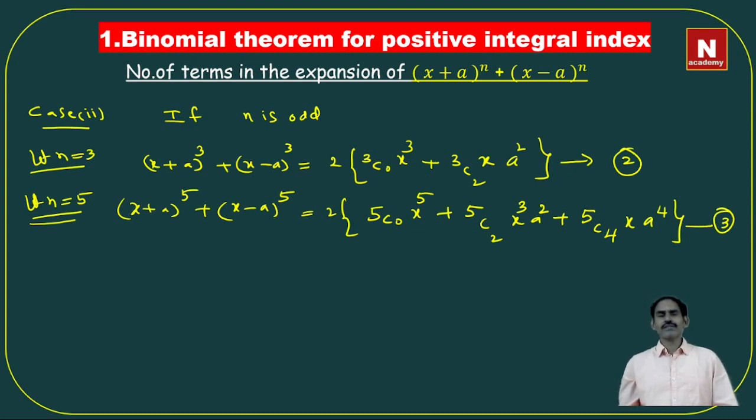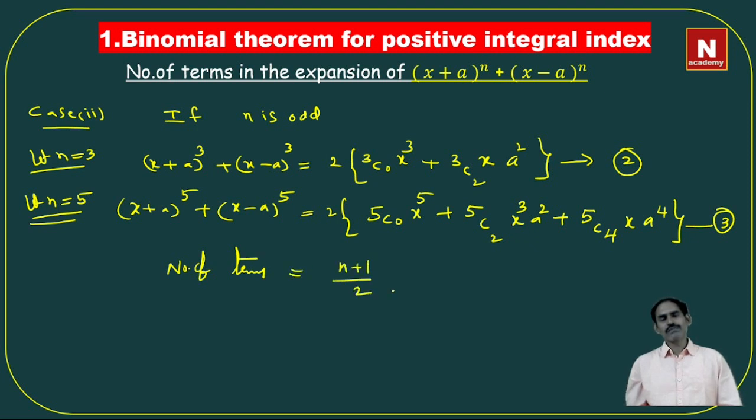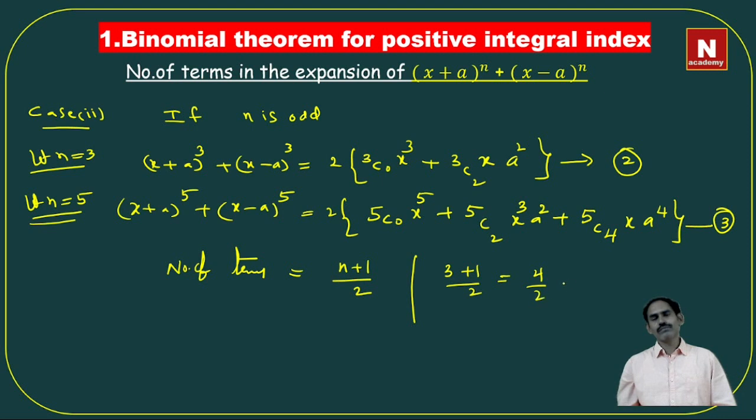We can generalize, and one formula we can write here. After expansion, the number of terms equals (n + 1)/2. This is suitable for these two examples also. For example, in the first example, n equal to 3: (3 + 1)/2 = 4/2 = 2.